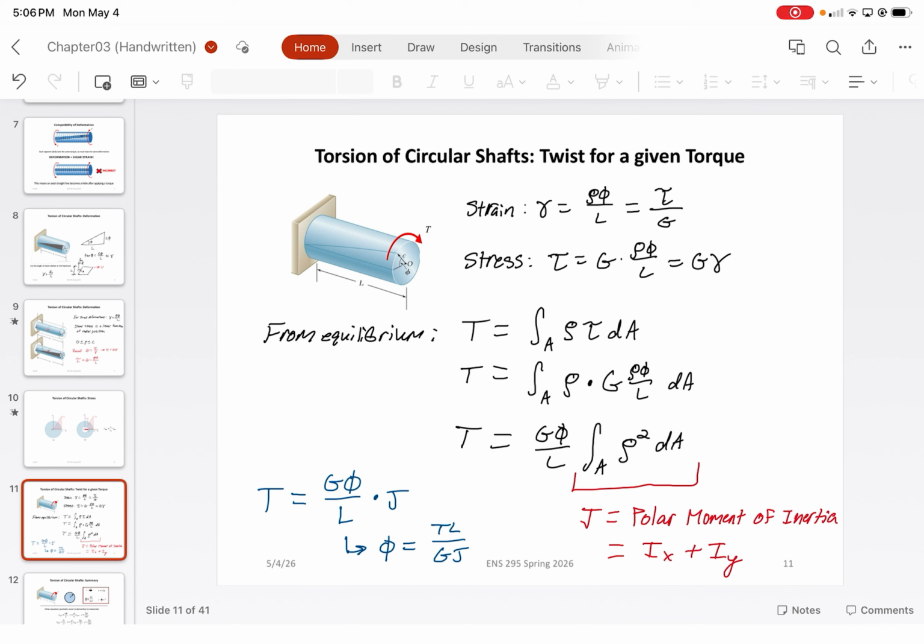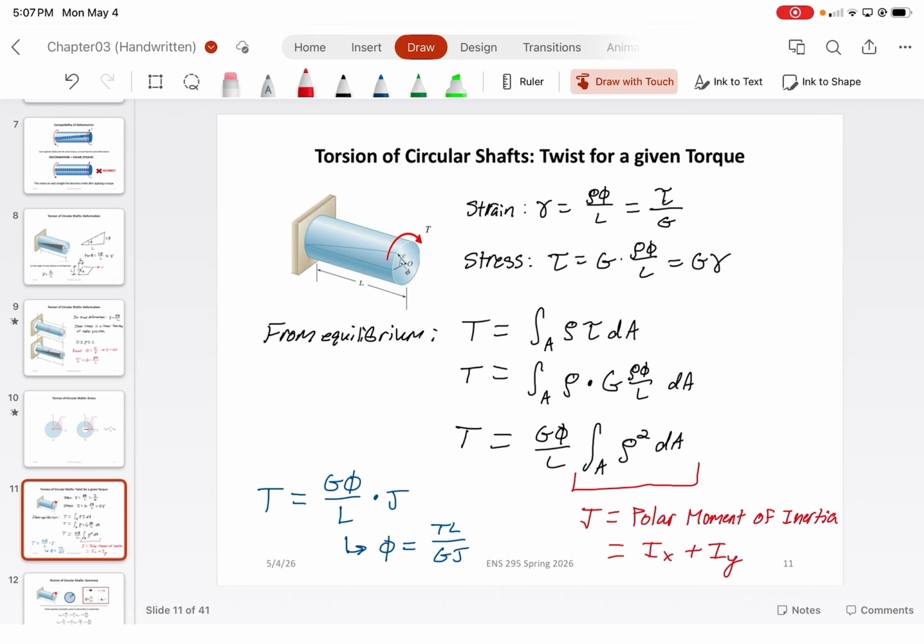That would be the shear force. So the shear force, if you guys recall, was just equal to the integral of tau dA. And then obviously rho would just be the moment arm of that, which is of course how you get the torque in the first place.